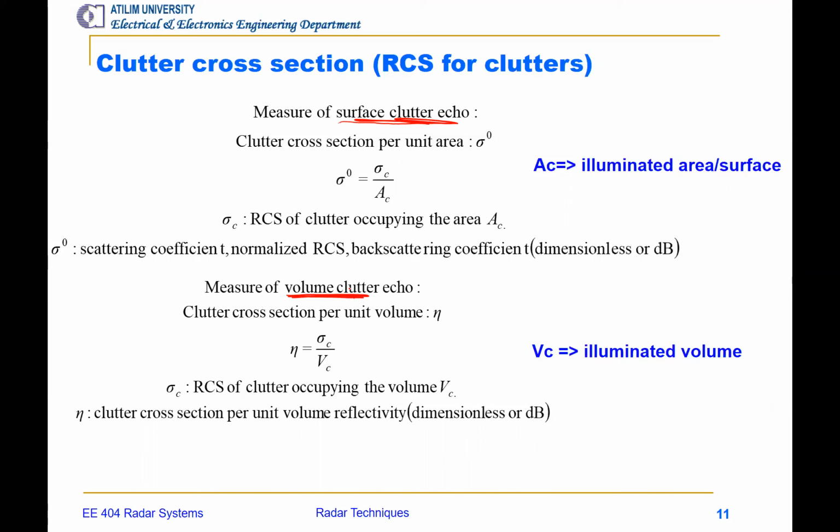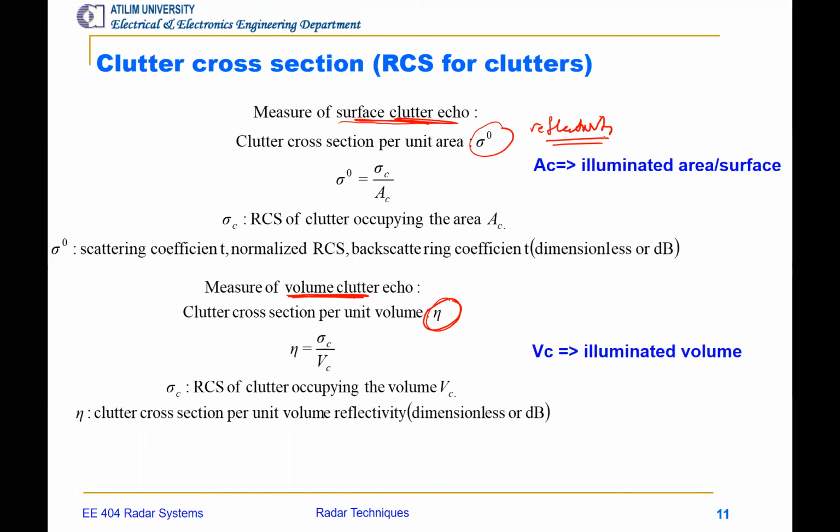And there are two parameters for that. One is clutter cross section per unit area and clutter cross section per unit volume. So in 3D and 2D clutter cross section, these are dimensions parameters, just like reflectivity. Okay, so how much reflection we get from the object, undesired object.